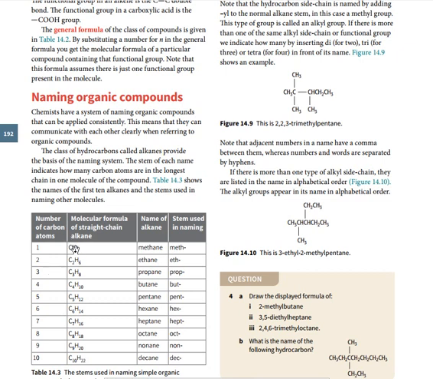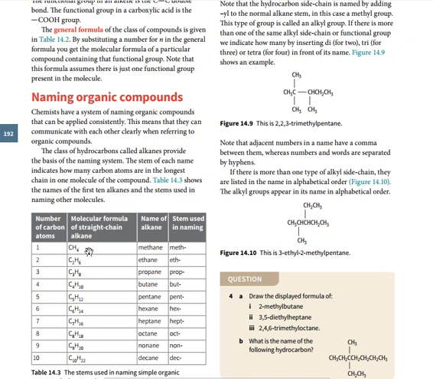You have CH4, and then you have C2H6. The difference between C2H6 and CH4 is a CH2, and this CH2 is the peculiarity of a homologous series. A homologous series has the same functional group, and the next element differs from the preceding element by a CH2 group.